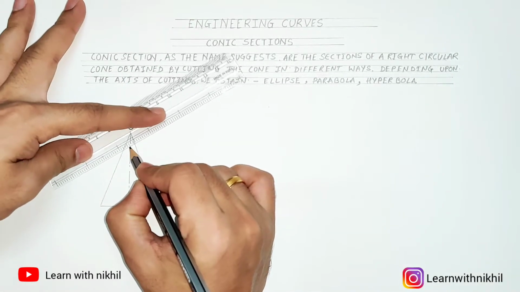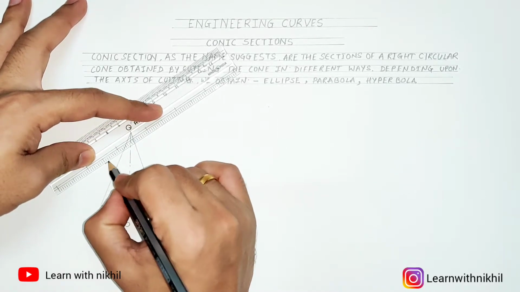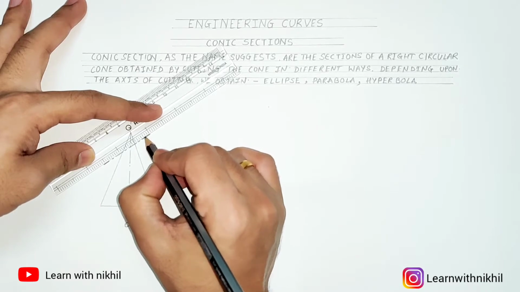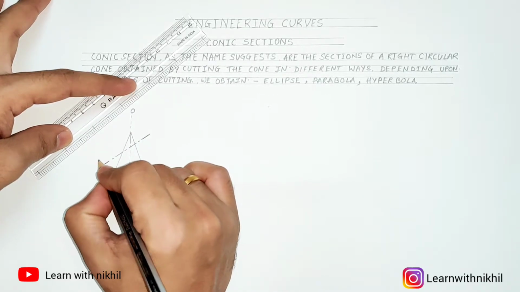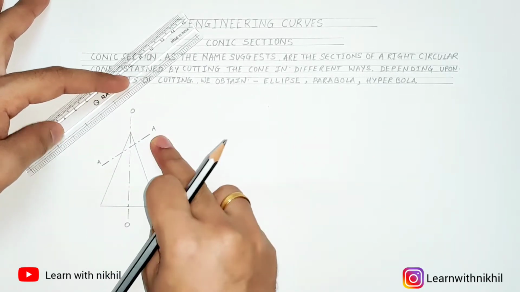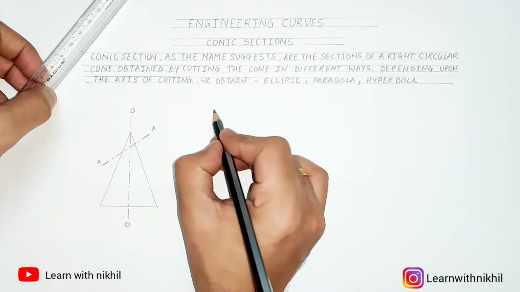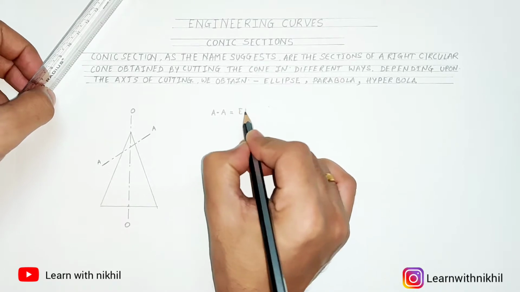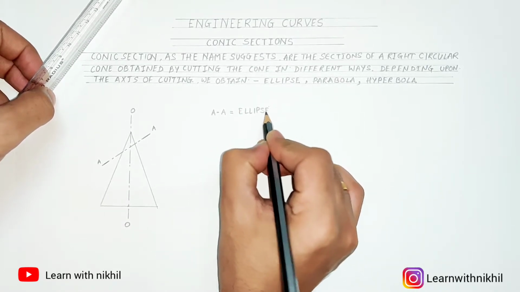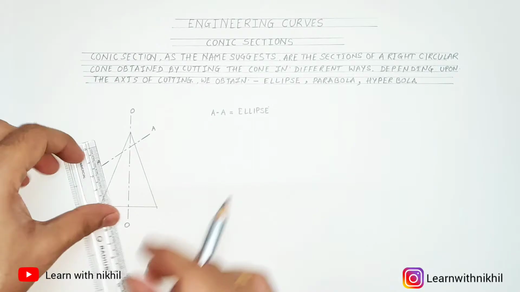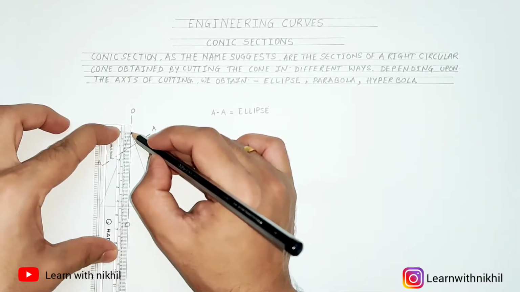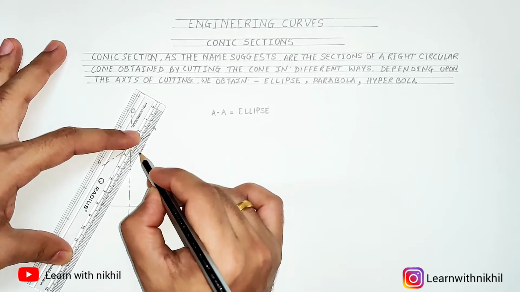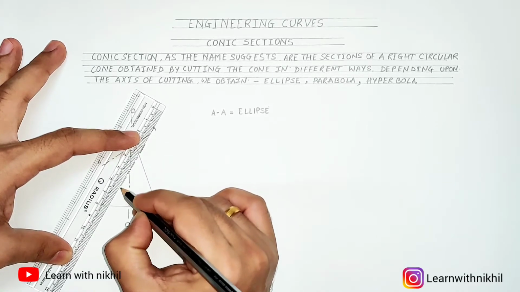Now I am taking this point and this is the cutting plane. If I cut the cone through this line, the curve which I will get on the bottom side will look like an ellipse. Next, I'll consider the center point at the height of this cone, and this is my next cutting plane.